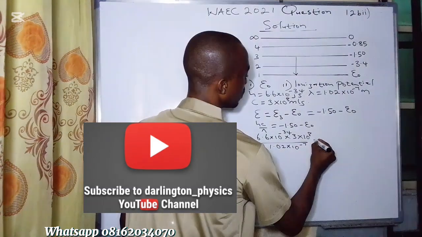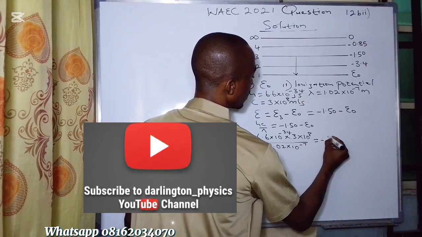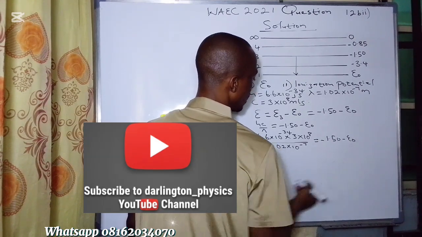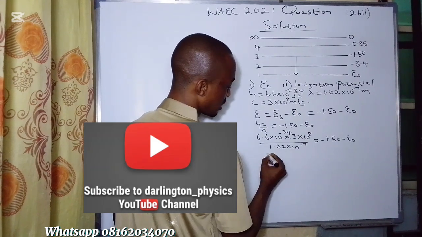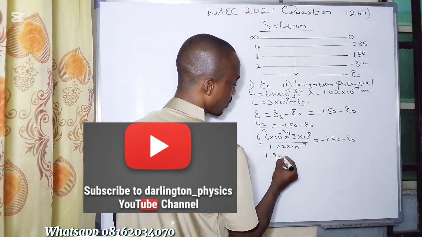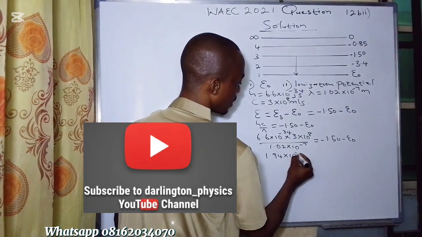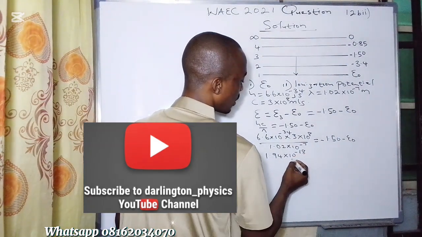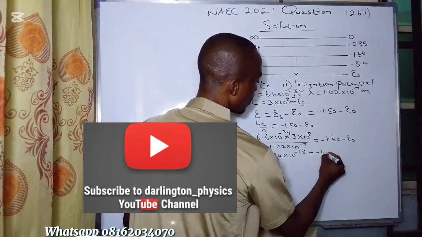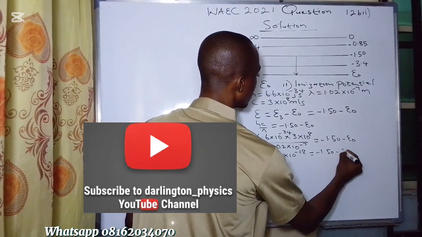This will give you negative 1.50 minus E0. If you do this, you're going to get 1.94 times 10 raised to the power of negative 18 is equal to negative 1.50 minus E0.